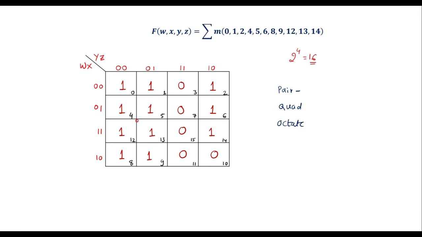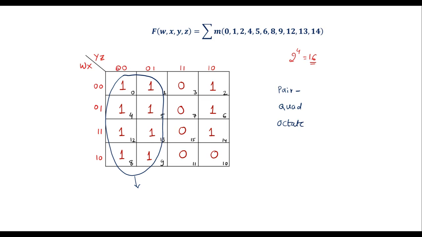Here we can observe that these 4 ones and these 4 ones are adjacent to each other. We can do an octet. Let me do the octet here, that is, these all ones are selected together like this. After this we have to write the product term. Here it covers these two columns. In these two columns, first this is 0 0, here we have 0 1. So 0 is common.